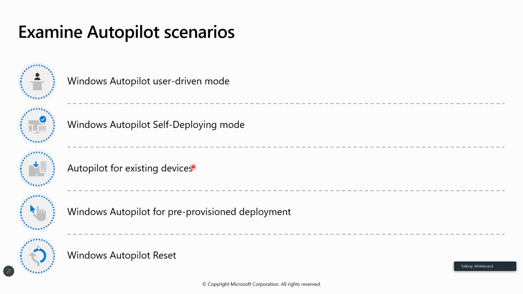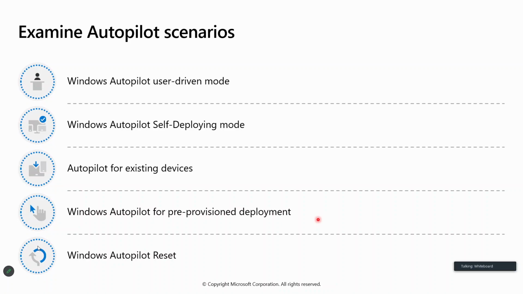Okay, now here is an interesting one. Windows Autopilot white glove or pre-provisioned deployment. It used to be called white glove. They've now renamed that to pre-provisioned deployment. What is that all about? With pre-provisioned deployment, or the older white glove deployment, the IT guys get the computer first.